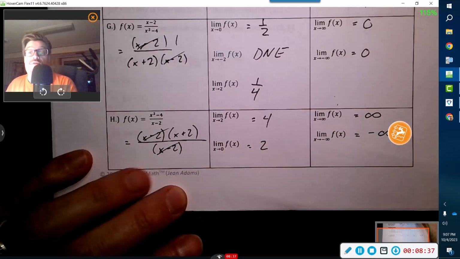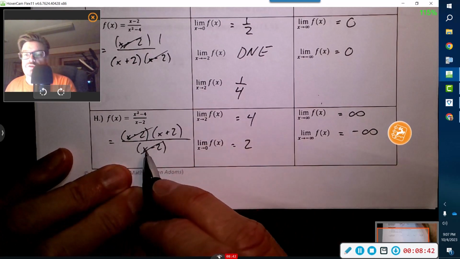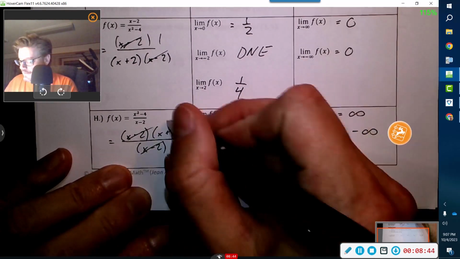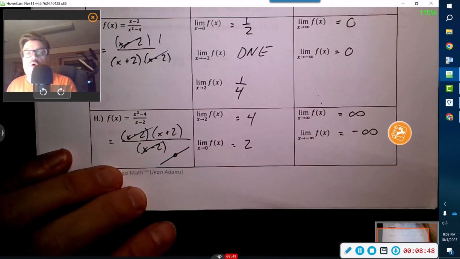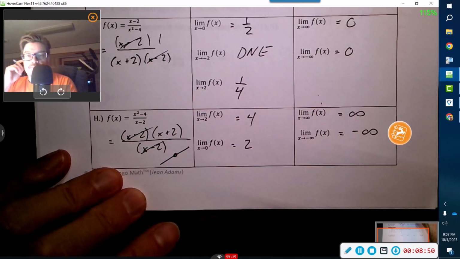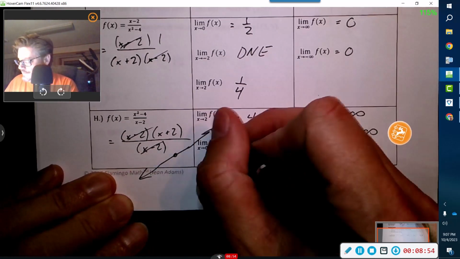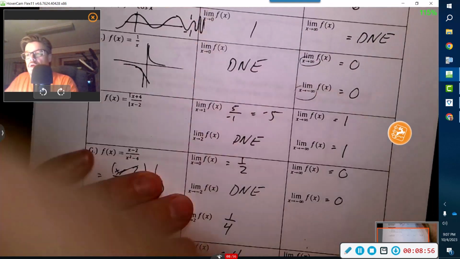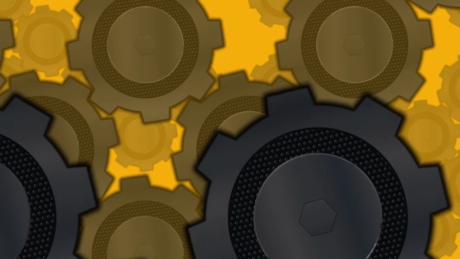So that's it. This guy would actually look like a line, and then at positive 2, he would just have a hole. That's what he would look like. And so this guy would shoot off to negative infinity as we go to the left, positive infinity as we go to the right. All right, good deal. That is first study guide, and we'll get the second one going, part 2.